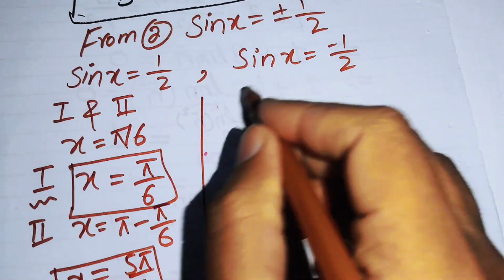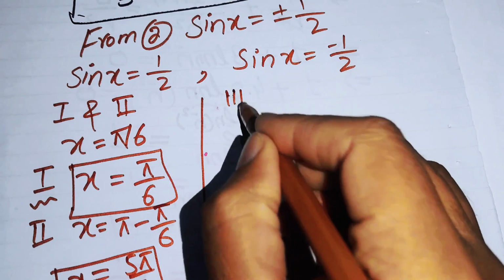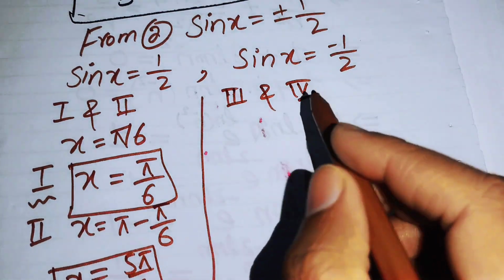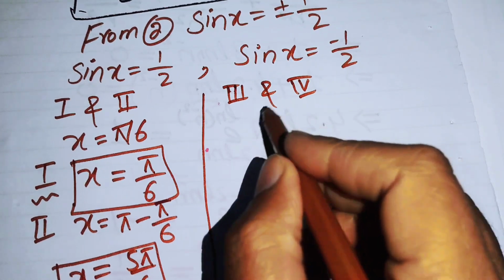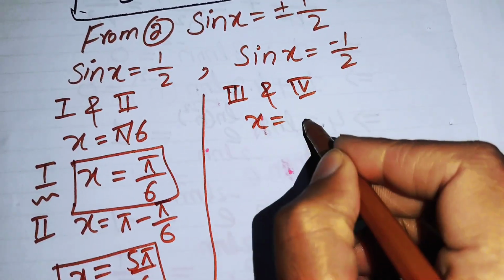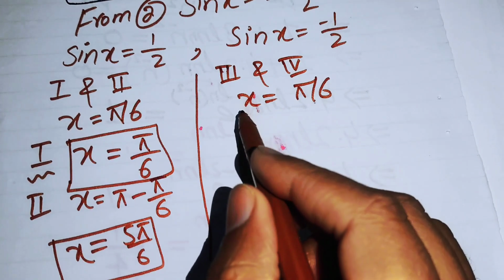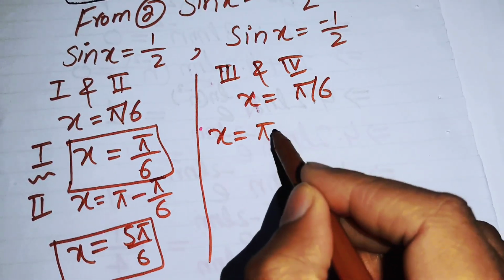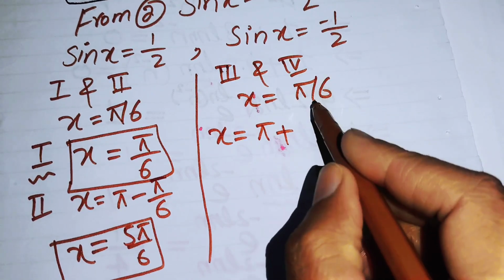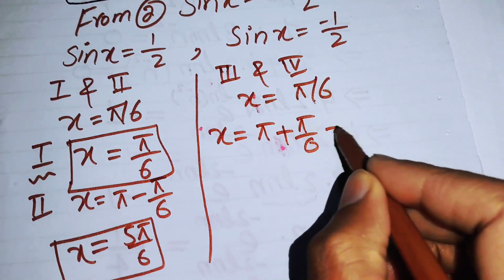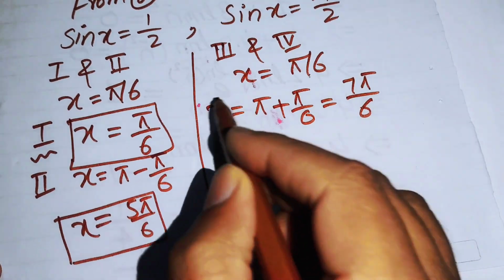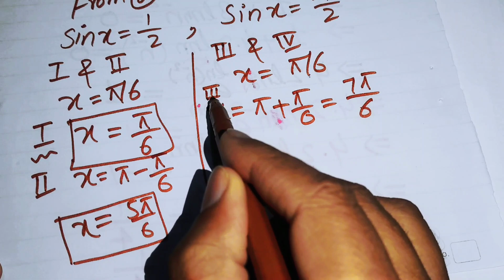So here you have sine is negative, and sine is negative in the third and fourth quadrant. So in the third and fourth quadrant with reference angle x equals to pi by 6, in the third quadrant we know that the value of angle is x equals to pi plus theta, so our theta is pi by 6 and it equals 7 pi by 6, and this is the value of the angle in the third quadrant.